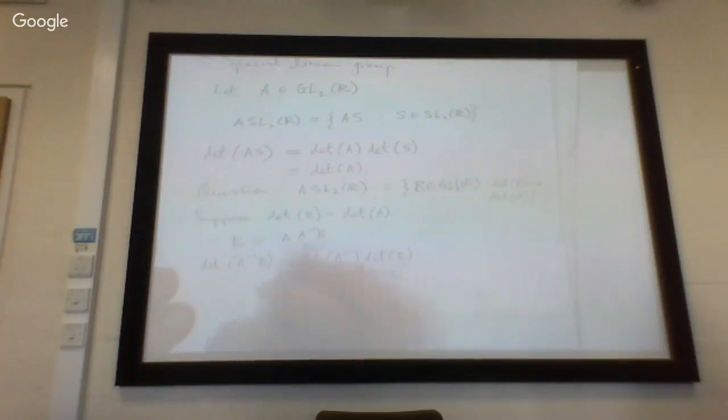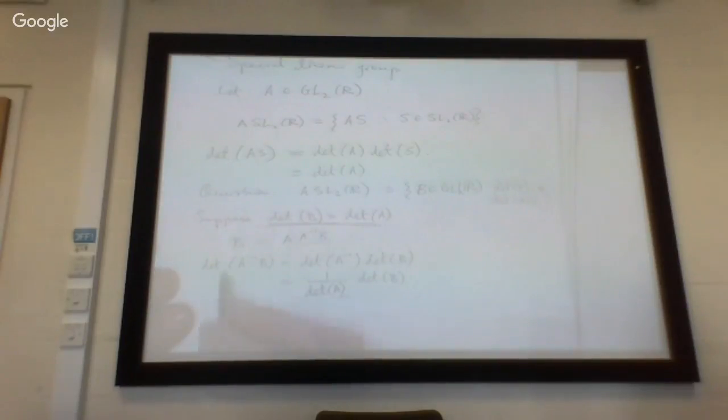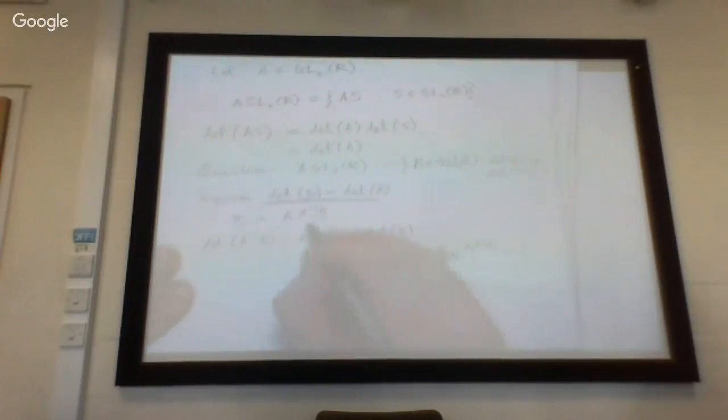But of course, we supposed up here that the determinant of B was equal to the determinant of A. So therefore, this is 1 over the determinant of A times the determinant of A. So that's just 1. So we're justified in saying this matrix is an element of the special linear group.